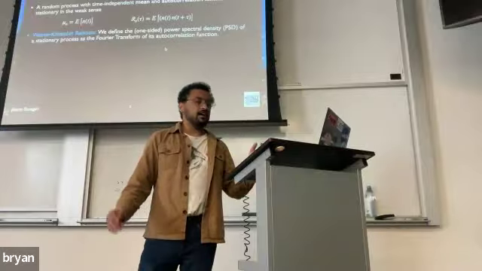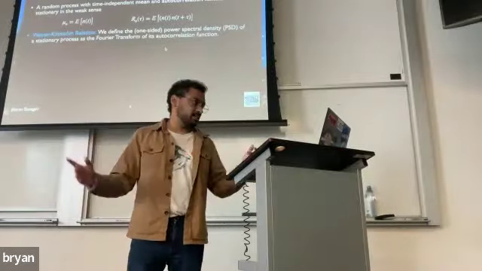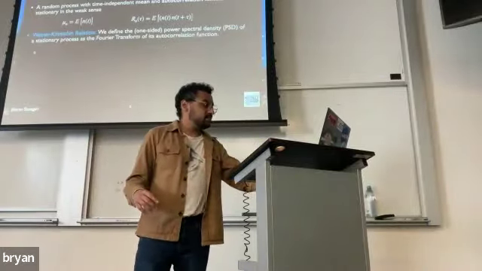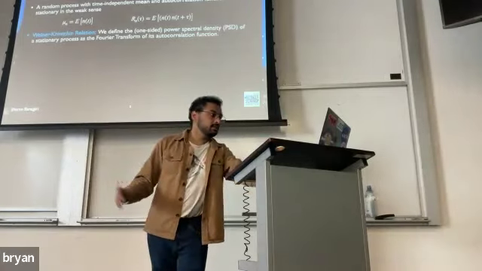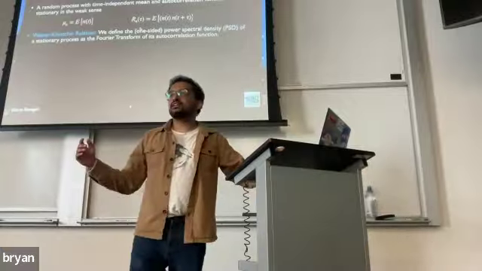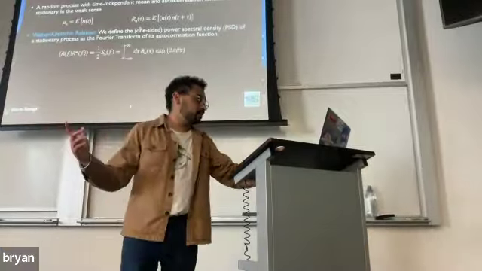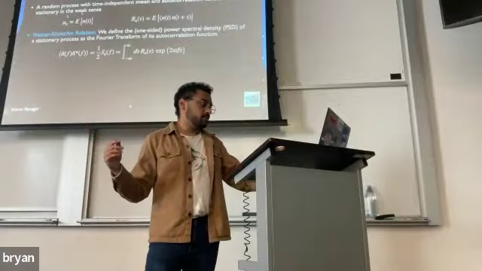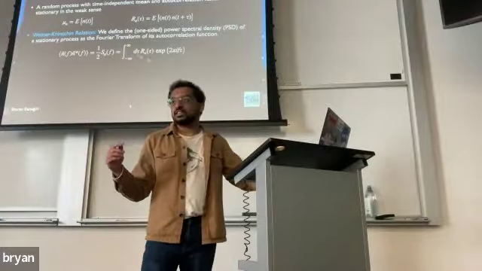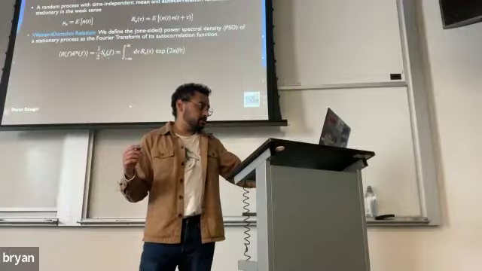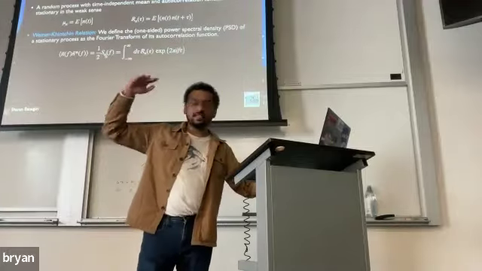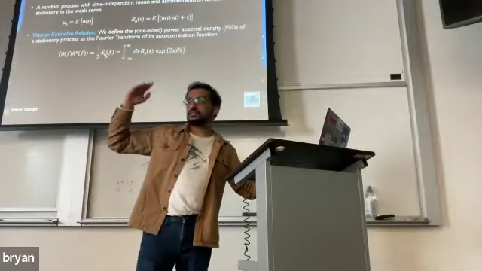When you have a noise process which is stationary in this sense, then there is this theorem called the Wiener-Khinchin theorem, which relates the power spectral density of the stationary process with its autocorrelation, right? So this is the one-sided power spectral density.